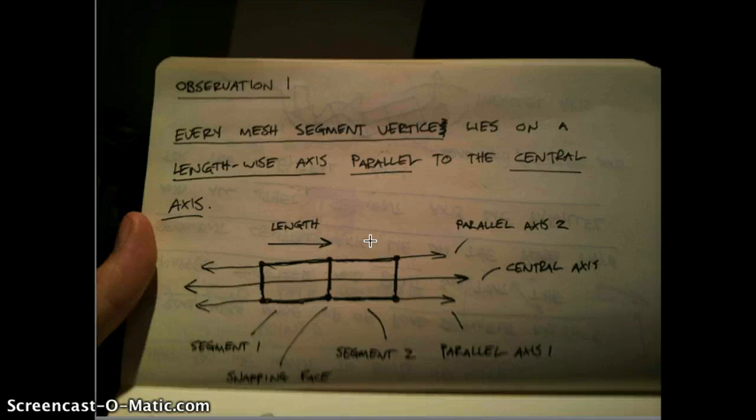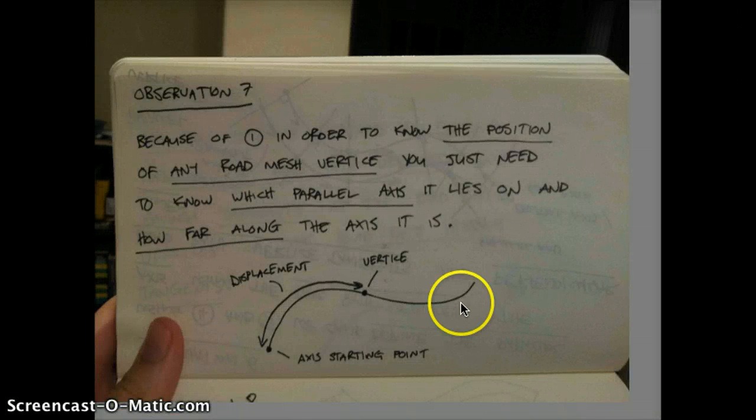There are infinitely many lines parallel to the central axis, and every single point in the whole 3D space is going to go through one such line. So if we know which line it's sitting on, we just need to know the displacement to hit that line, the displacement along the line, and what the path of that line is, to define where the vertex lies.